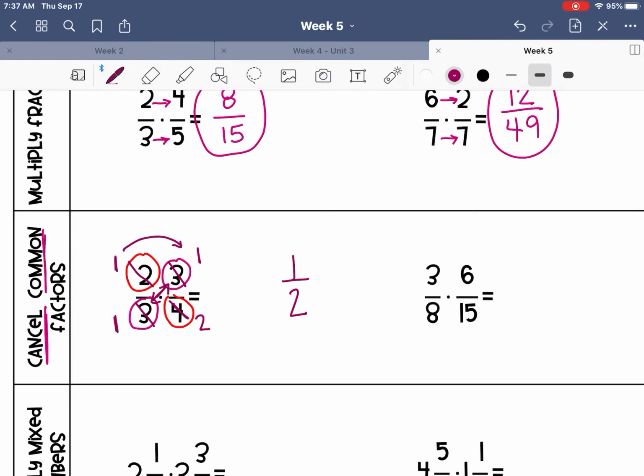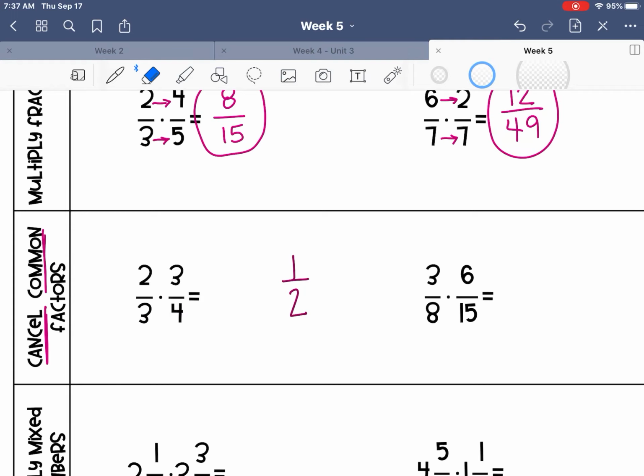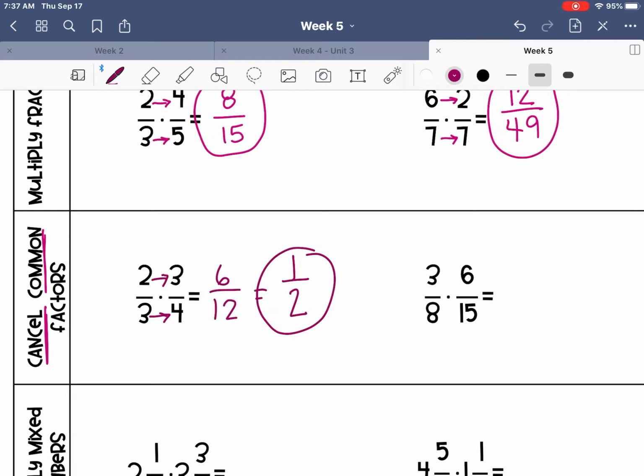Now, if that confuses you, you're welcome to skip that step and just multiply, and I'll show you how that would look. If I multiply 2 times 3, I'll get 6. If I multiply 3 times 4, I'll get 12, but that's going to simplify down. So what I did with the cross cancel is I simplified it before I multiplied, and there's no more simplifying to do. You can do it either way, but I like to cross cancel.